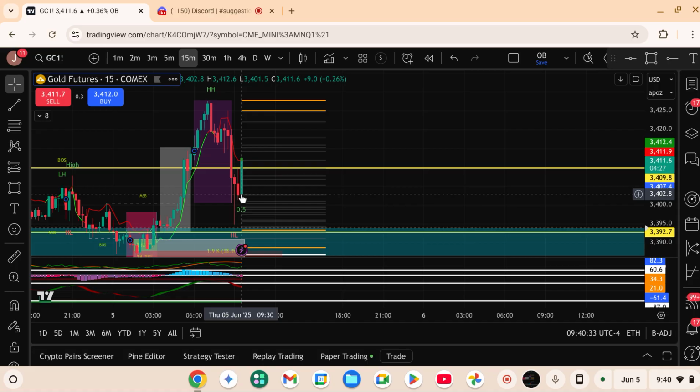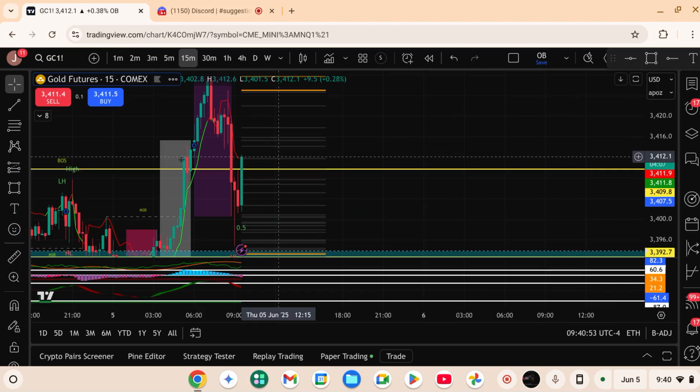So if this 15 minute can close like this, we could enter on the next candle on the 15 minute. Remember what I said earlier, if we could get a decent portion of the body on the 15 minute to close within this area, we can take longs. But y'all see how it's not trying to close with a majority or at least a good portion of the body above here, because that's showing you true bullish momentum.